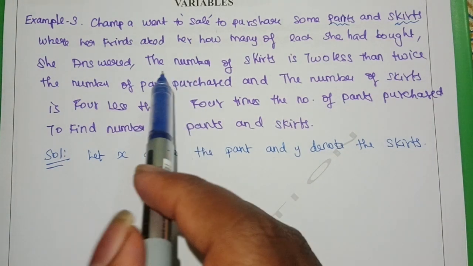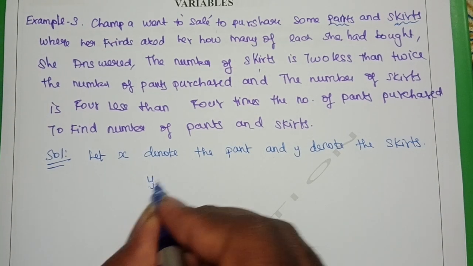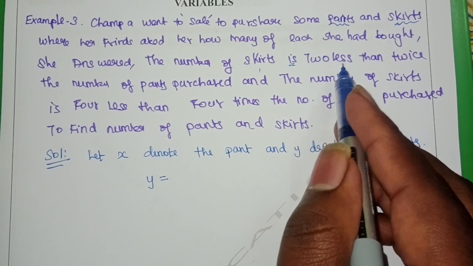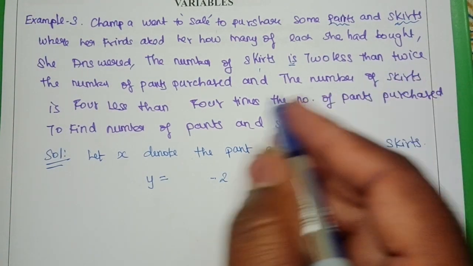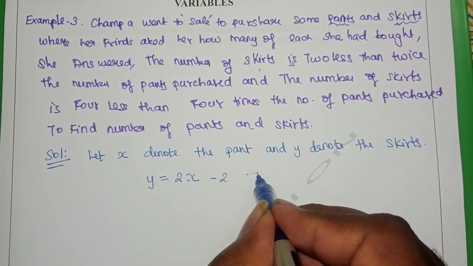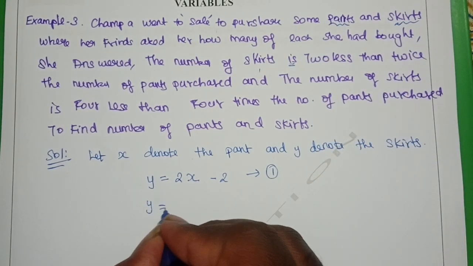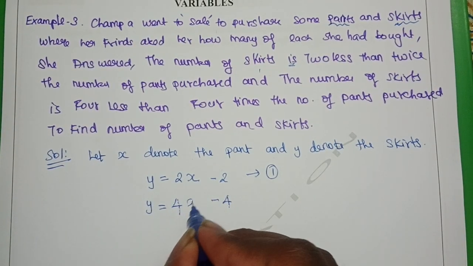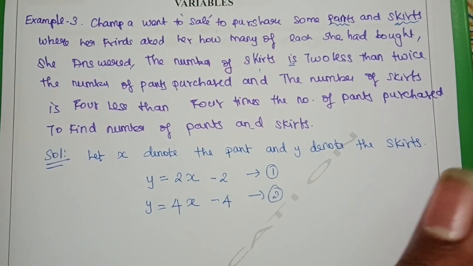The first sentence given: the number of skirts y is equal to 2 less than twice the pants. Less than means minus, so this is equation number 1. Second, the number of skirts y is equal to 4 less than 4 times the pants. This is the second equation as given in the statement.